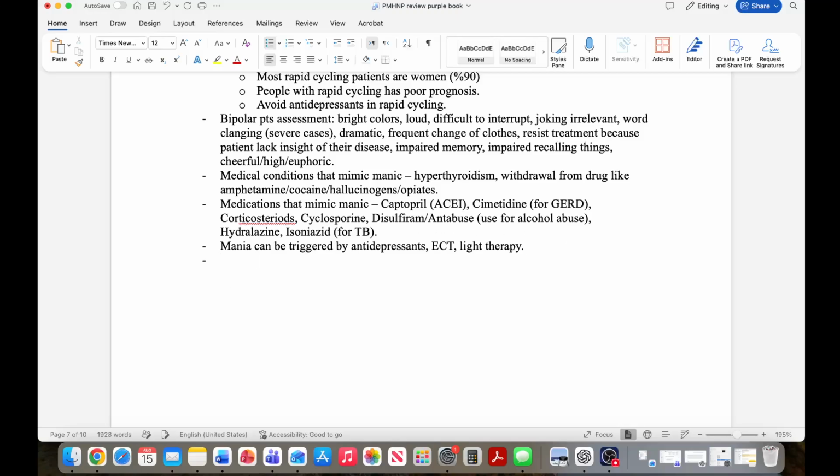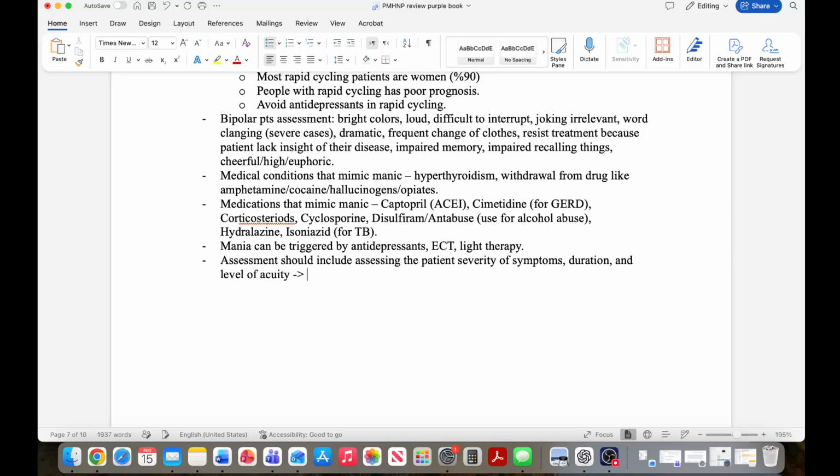Now, another thing we have to know here is to rule out any conditions that might be contributing to the symptoms. Assess the identity of the client, level of acuity, severity, and duration.